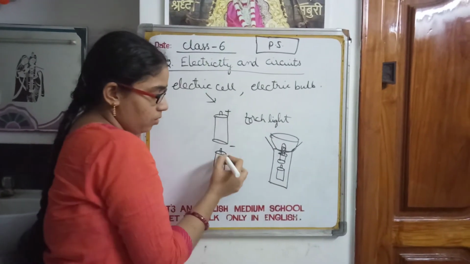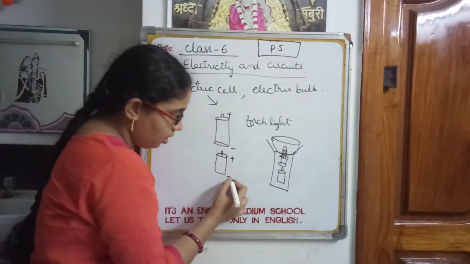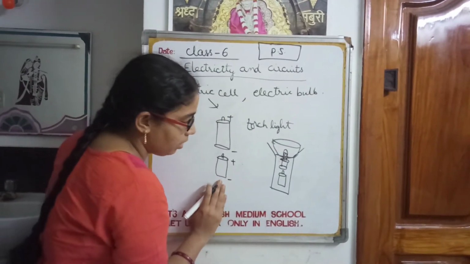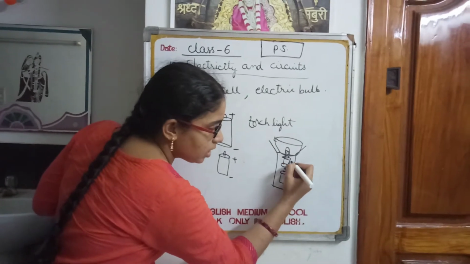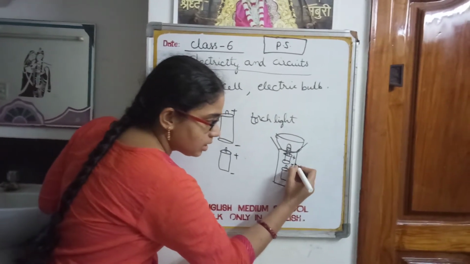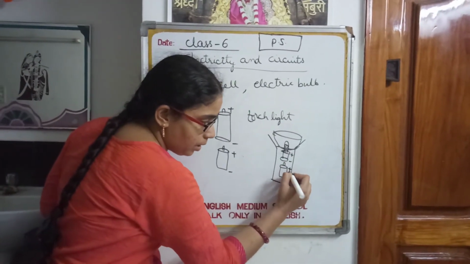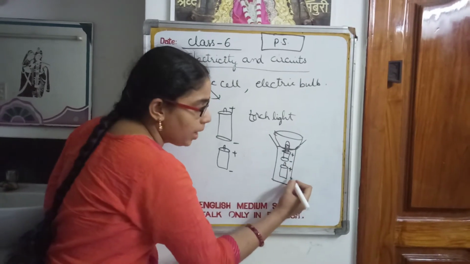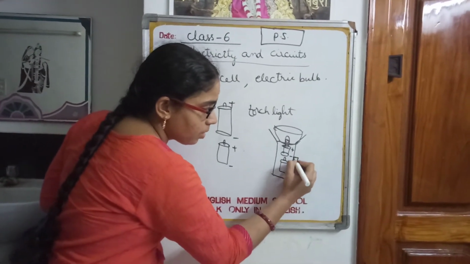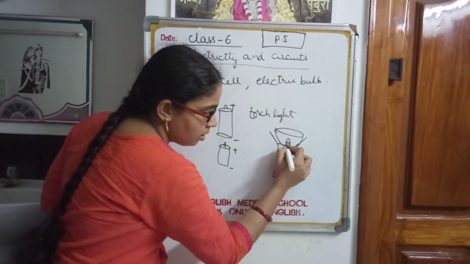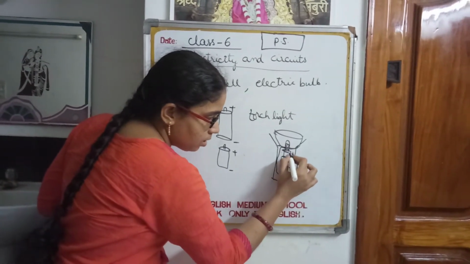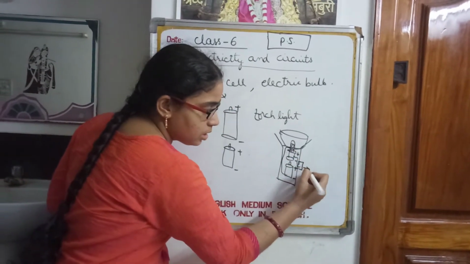This bulged part always indicates the positive terminal of the battery, and this plain part always indicates the negative terminal of the battery. Always two batteries should be connected such that the positive terminal of one battery is connected to the negative terminal of another battery. In this way, the mechanism will be there in the battery.